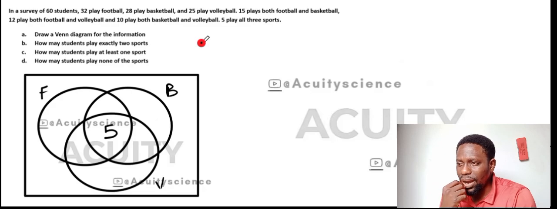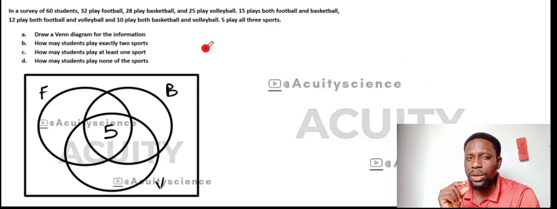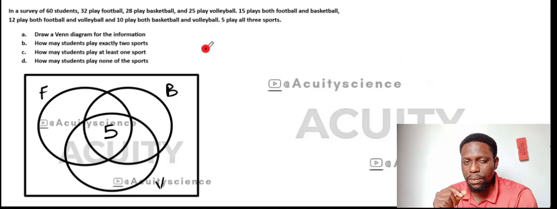Why am I saying definite? Let's read this. 10 play both basketball and volleyball. What that means is, if you count the number of students that played basketball and volleyball, it should sum to 10. It doesn't mean that the people that played only basketball and volleyball are 10. All the persons that play both sum to 10, including those that also played football.